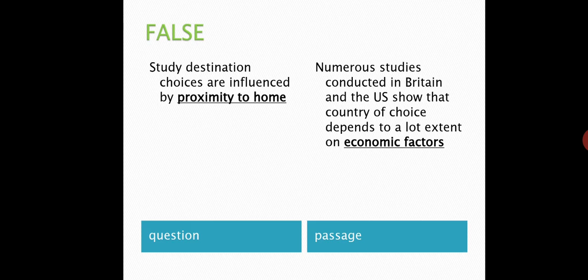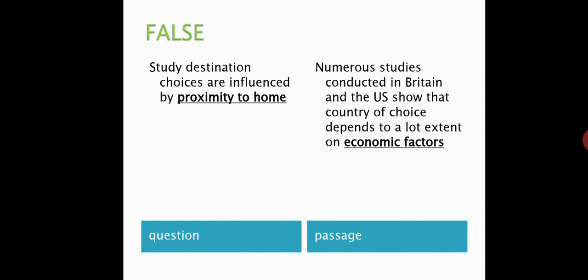But when I refer to the passage, numerous studies conducted in Britain and the US, yun nga yung findings, show that country of choice or study destination choices depends to a lot of extent on economic factors. Now, you will ask yourself, sir, isn't this a not given? Because hindi naman nabigay yung proximity to home.